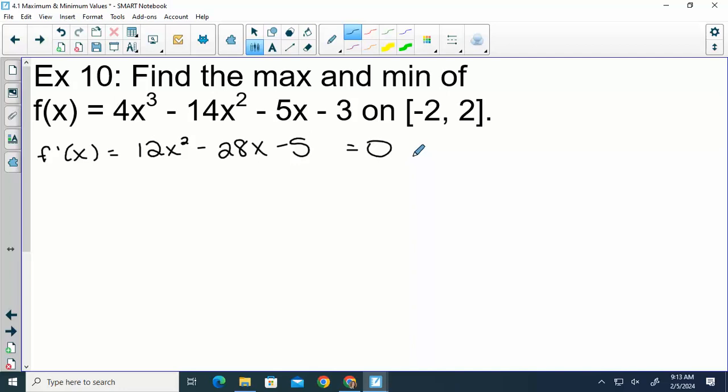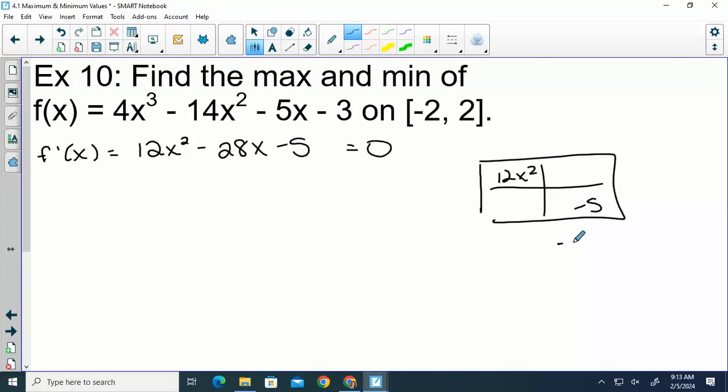Can I divide all those by anything? No. So what do we do? Let's see if it factors nicely first. So we need two things that multiply to -60 and add to -28. That would be -30 and +2.